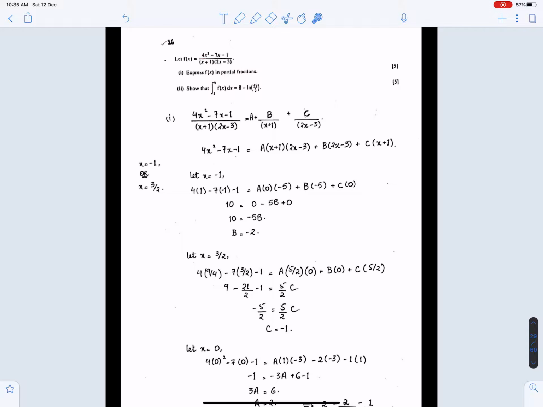And you know how to get the values of a, b, c. From this factor we have x equals minus 1, from this we have 3 upon 2, and we find the value of the first unknown constant by comparing the coefficients of the highest powers of x on both sides. This is 4, and when you will multiply these two, you will get 2a x square. So 2a will be equal to 4, therefore a will be 2.